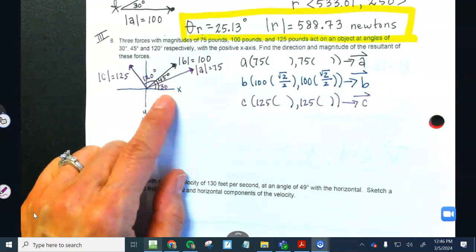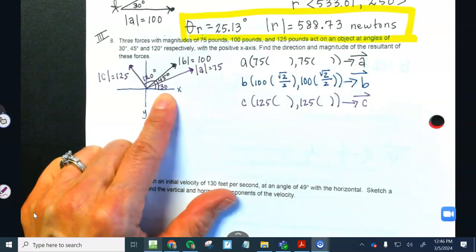Okay, back to that little baby 30-degree angle.